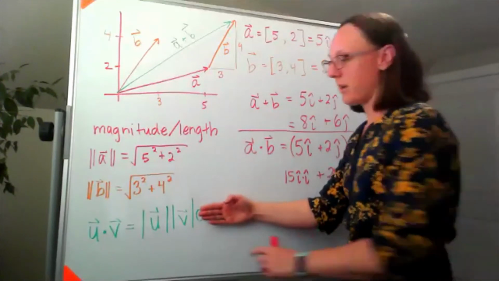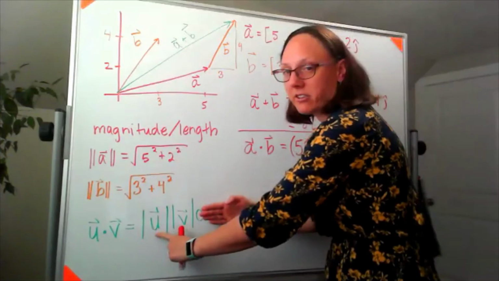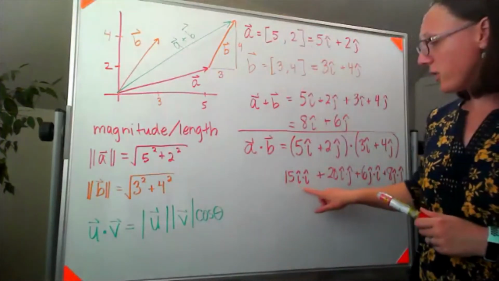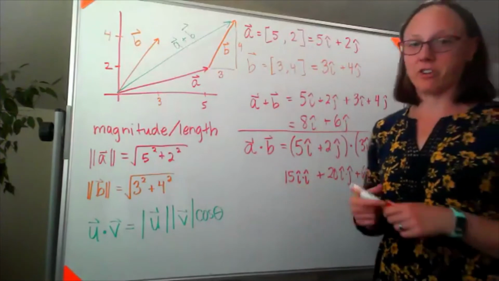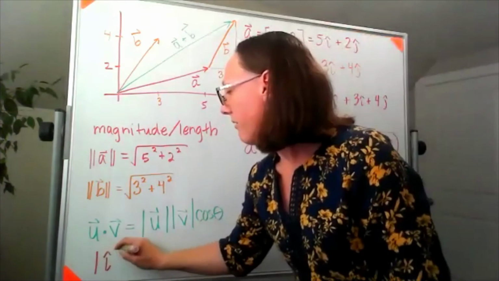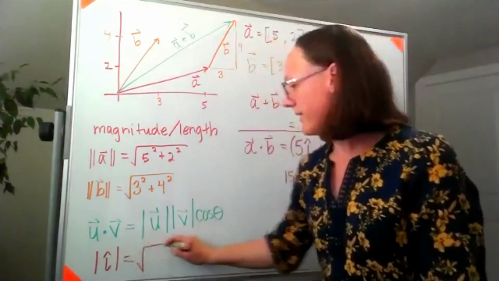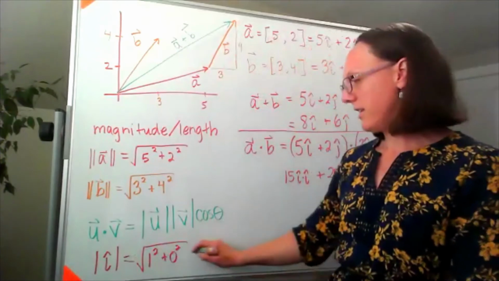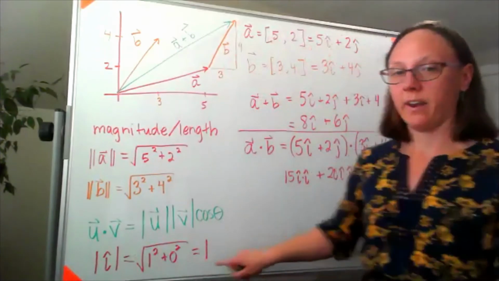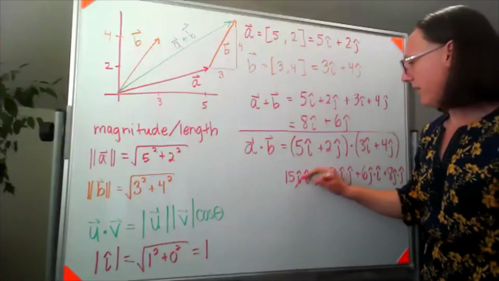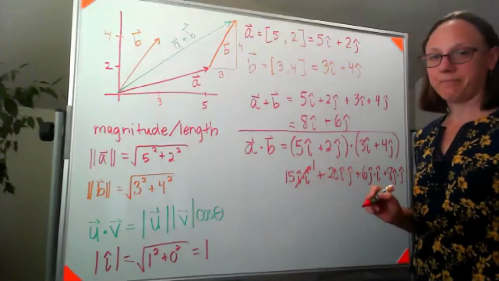So we just end up with the magnitude of the vector times the magnitude of the vector. Well, let's look at what the magnitude of the I vector is. If I take the magnitude of I hat, that would be the square root of 1 squared plus 0 squared. So that magnitude is 1. When I do I dotted with I, it turns into 1.